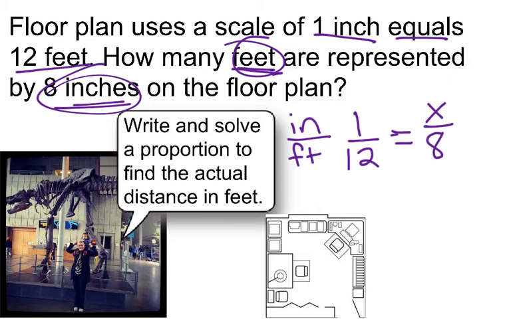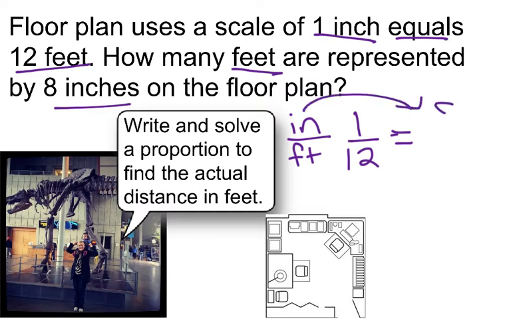That's not how it works. What I need to do is say, I have my inches, which is 8. Inches needs to line up with inches. Inches to inches, feet to feet. So I might even use an F for my variable. I chose an F because that's, again, going to help me with my cross products.